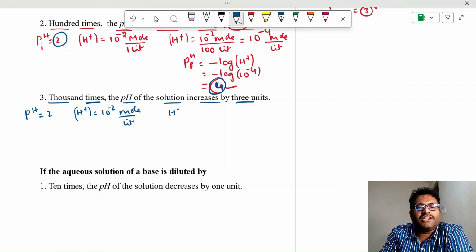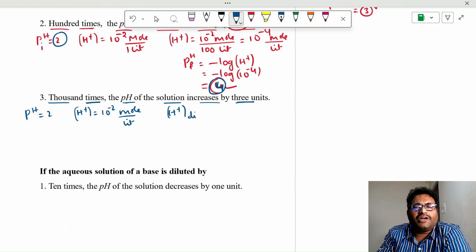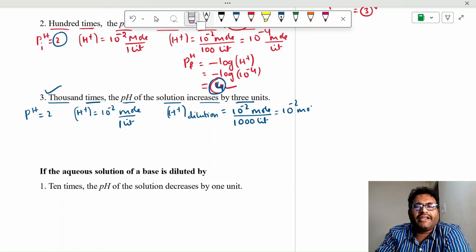Then H plus ion concentration after dilution: 10 power minus 2 moles in 1 liter before dilution. Here 1000 times, that means 1000 liters. 10 power minus 2 by 1000 gives you 10 power minus 5 moles per liter.